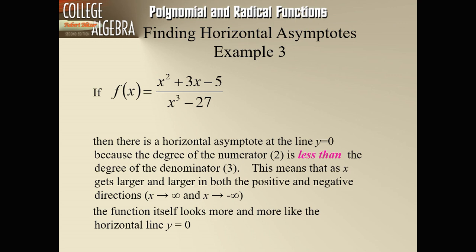So, let's have an example. If f of x is equal to x squared plus 3x minus 5 over x cubed minus 27. So, identify muna natin. Ang n natin is equal to 2. Okay? At ang m natin ay equal to 3. So, this is n less than m.